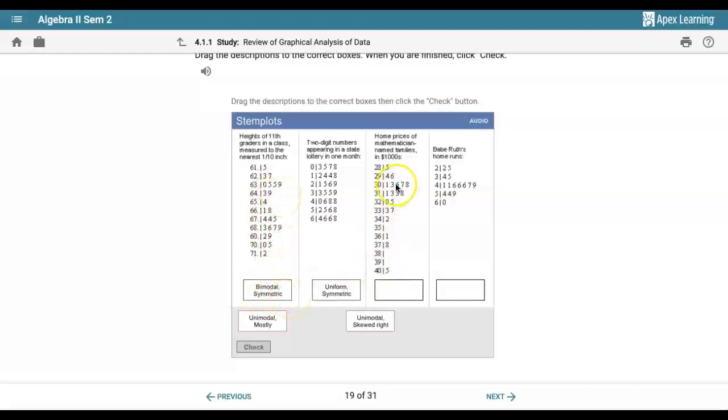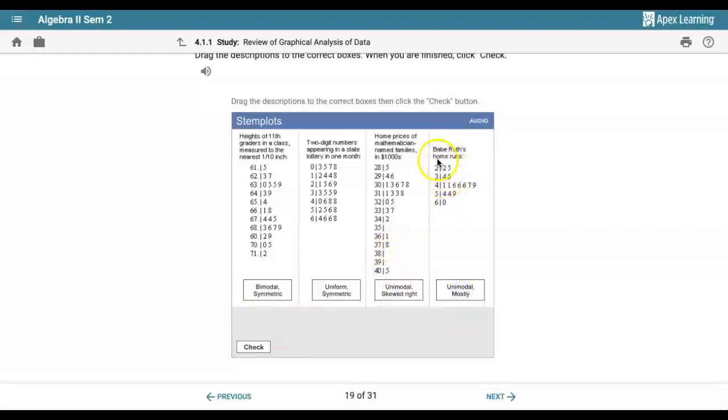And now we've got to look at these 2 here. Both of them are unimodal, and one of them looks like it has a tail more than the other. If you look here, these values would make our tail. Since the tail would be on our right-hand side, it's going to be our skewed right graph.